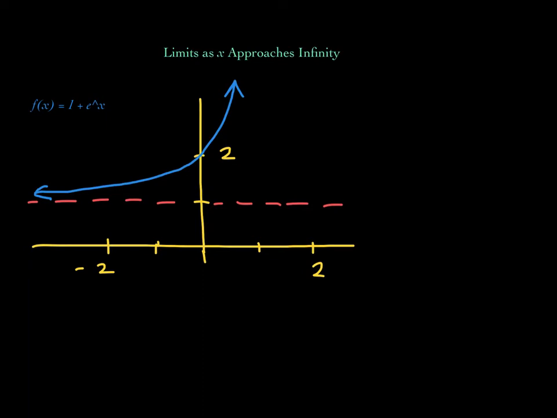Now what I would like for us to consider is the limit of this natural exponential function as x approaches negative infinity. Please understand it the following way. As x values get smaller and smaller and decrease, what are your function values doing? We have to read our graph this way.